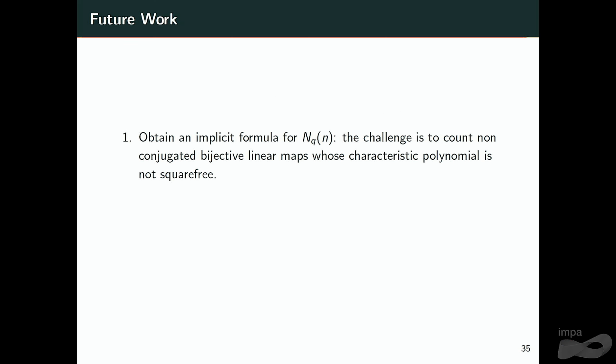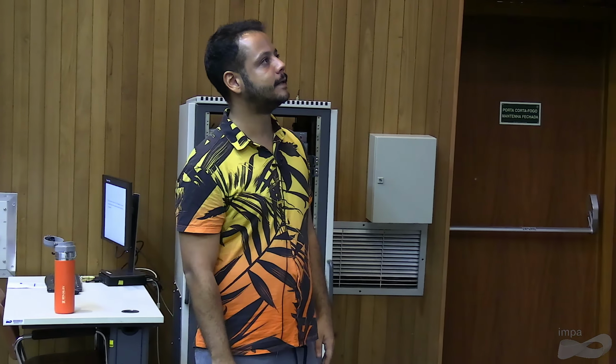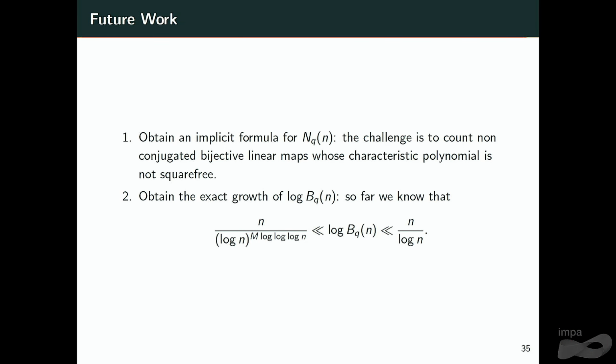Okay. So just to finish, some future work: it will be interesting to see how relevant the non-square-free part is, right? So if I have cycles of length divisible by the characteristic, whether these affect the problem a lot or not. And secondly, ideally we would study the growth of BQN, and then when we went to log, we got the growth exactly.